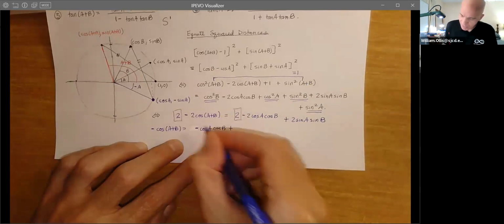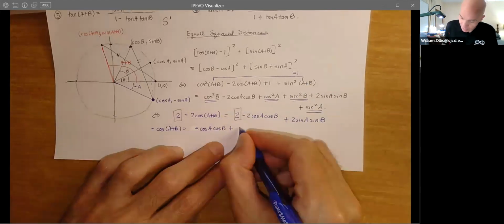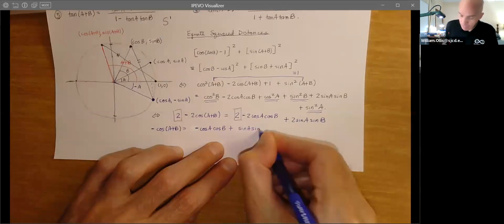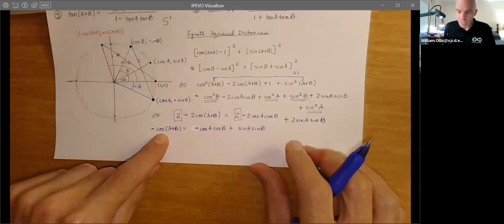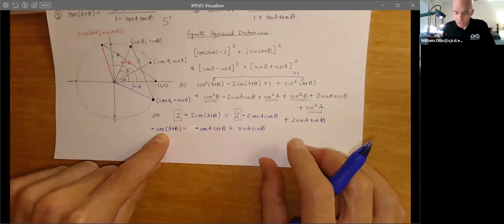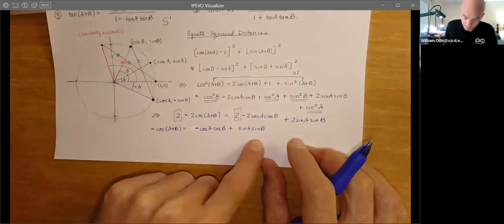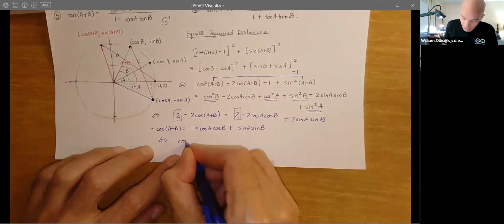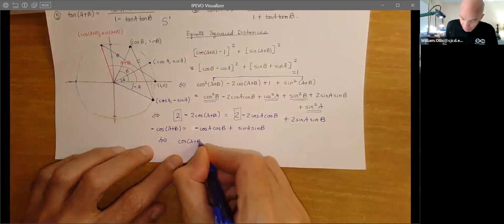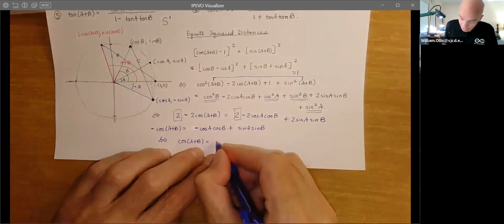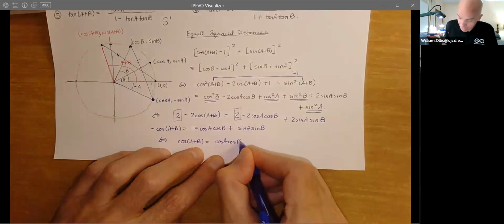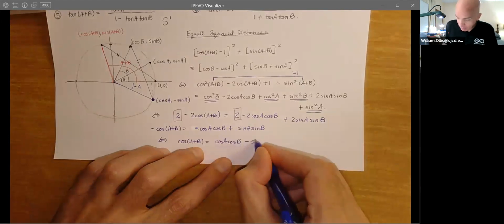I just don't want to let the 2 go. And then plus sine A sine B. But now, of course, we need just cosine A plus B, which we have up here. So just multiply through by negative 1. So equivalently, cosine A plus B equals cosine A cosine B minus sine A sine B.